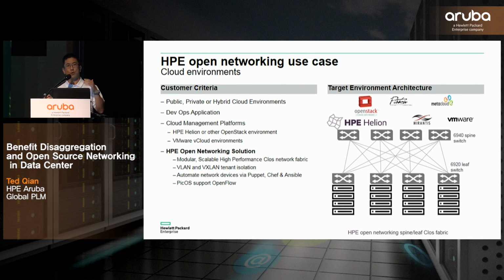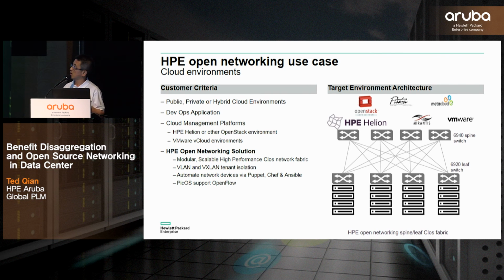So how do we qualify the customer? Who are the cloud-based customers who want to deploy the Autoline, the OCP standard hardware and software? I'll give you the use cases here.